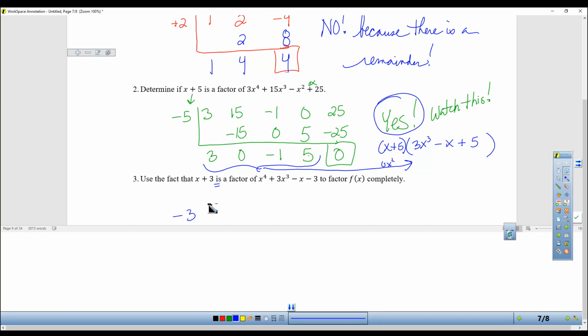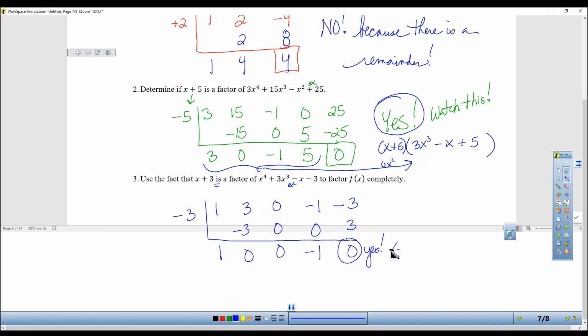You have to be loving this. This is so great. So I do 1, 3, there's no x squared, careful, 0, -1, -3. So add, multiply, add, multiply, add, multiply, add, multiply, add. So it worked.